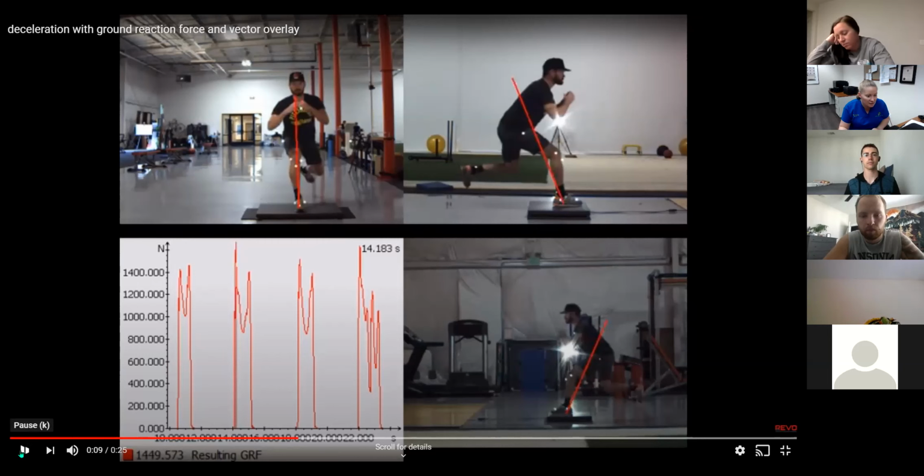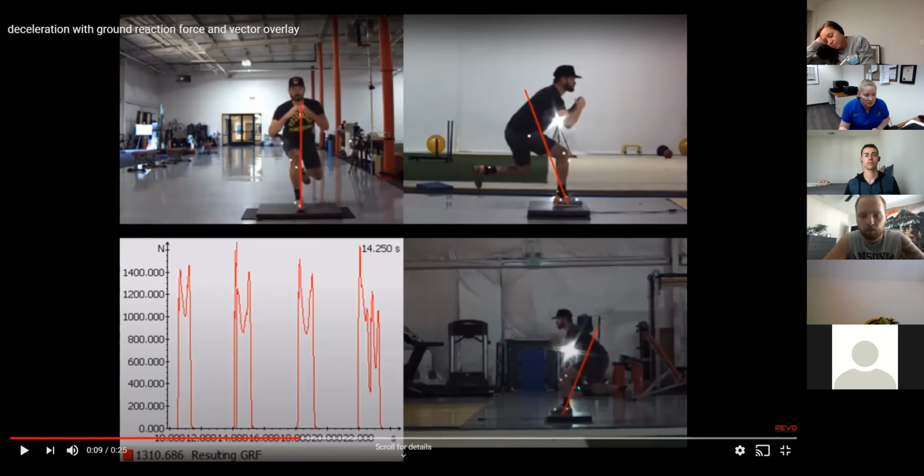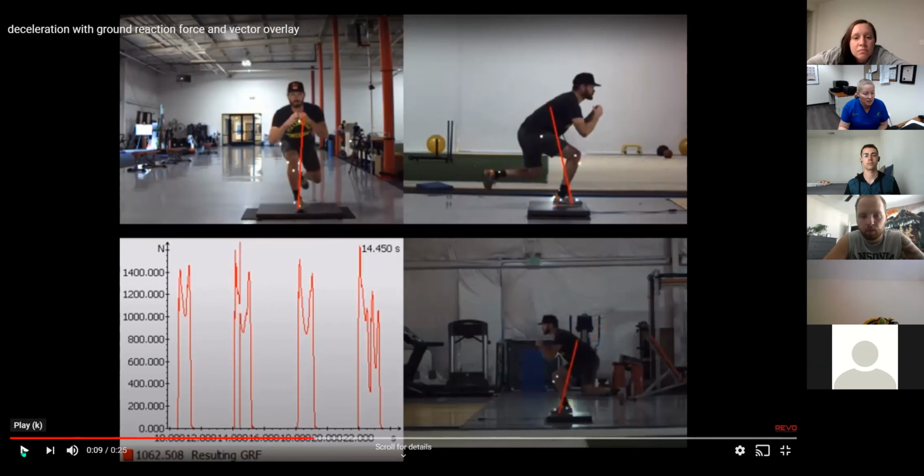And then as his tibia starts to rotate anteriorly, that ground reaction force is also going to start moving anterior to the ankle. There we go. So now you see some pretty clear ankle dorsiflexion, and the ground reaction force is anterior to that joint.